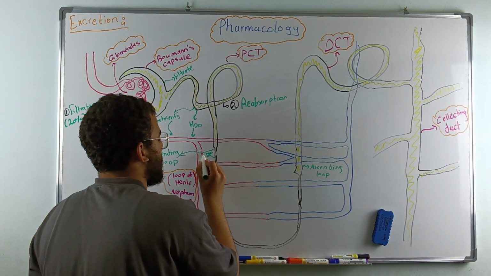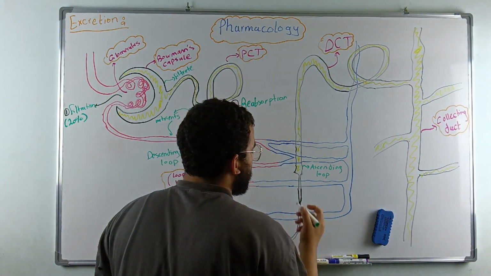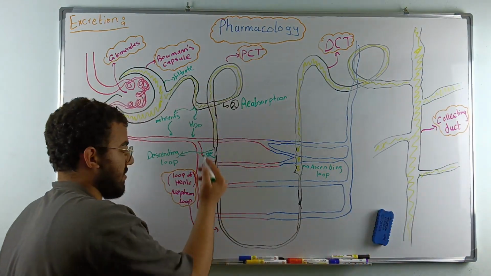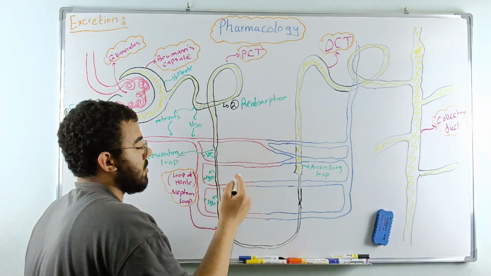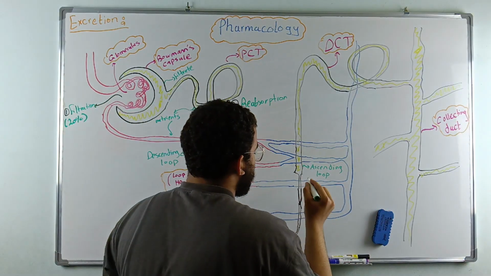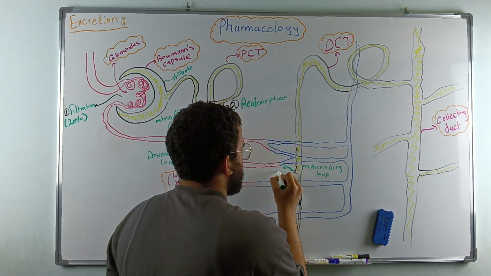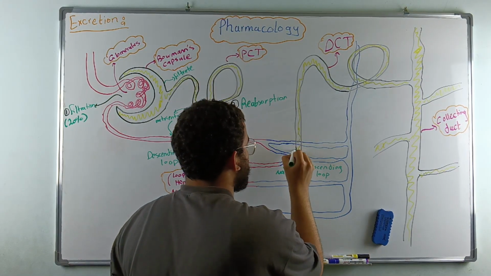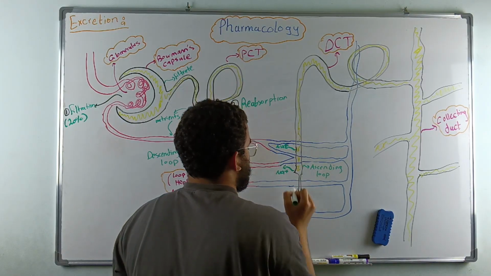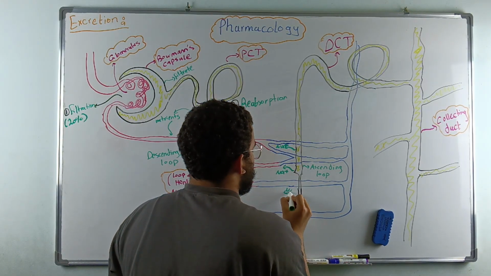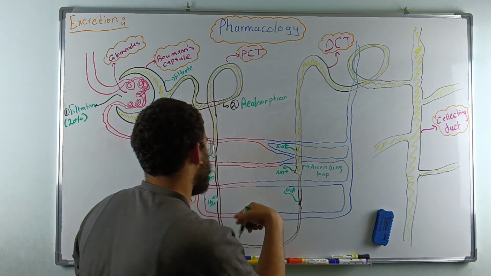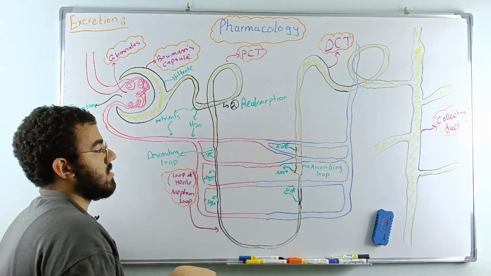It doesn't keep on happening in the ascending loop, and it makes sense actually. In the descending loop water is easier to get reabsorbed, but it doesn't get reabsorbed in the ascending loop. In the ascending loop, some ions like sodium, for example, get reabsorbed also. So the reabsorption process happens extensively inside the loop of Henle too.